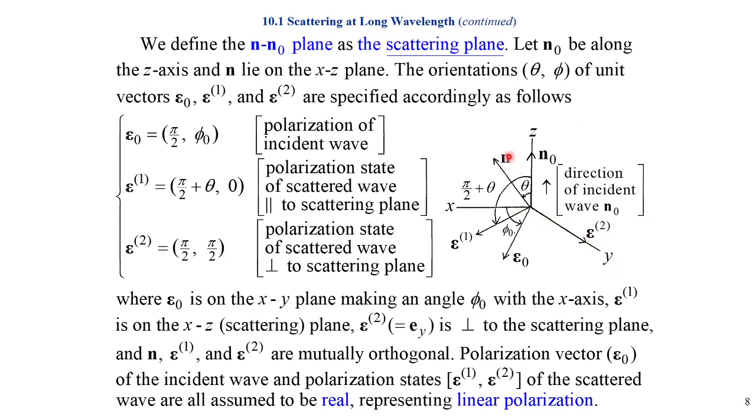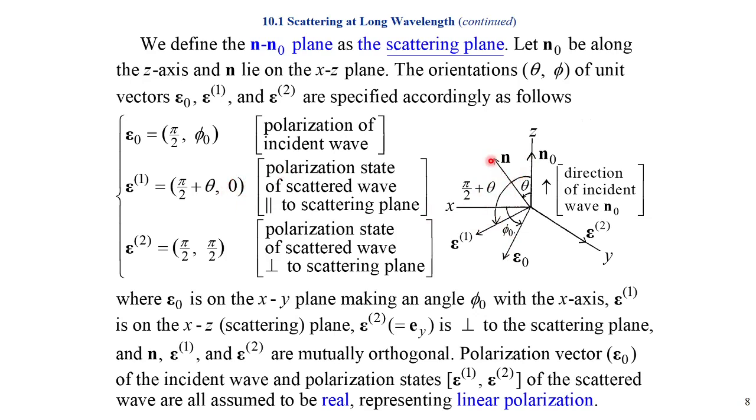This one must be perpendicular to n. Of course, n is in the xz plane, so it must be perpendicular to epsilon 2, the y direction. So we should define this one first, and then we know epsilon 2 is linearly polarized. Epsilon 1, we can define as another one perpendicular to this one. That's easy. We just assume epsilon 1 is in the xz plane, so phi will be 0.